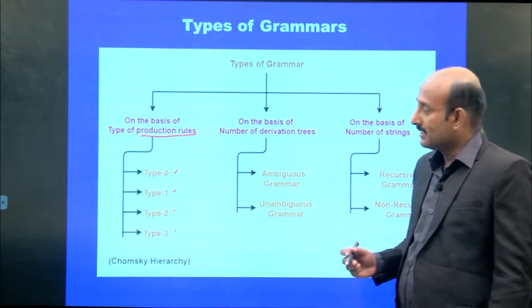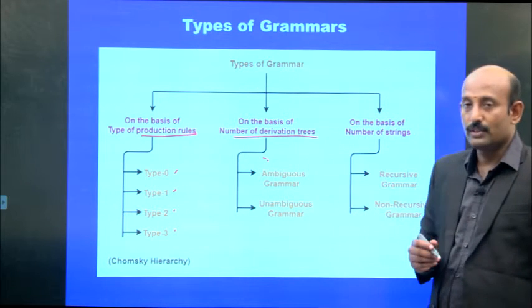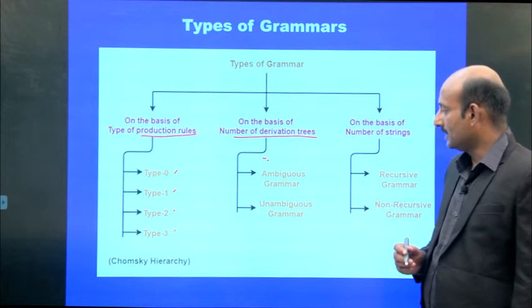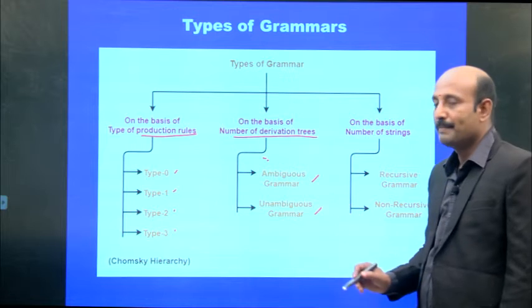And apart from that, on the basis of the number of derivations, we can also classify this grammar as ambiguous grammar and unambiguous grammar.